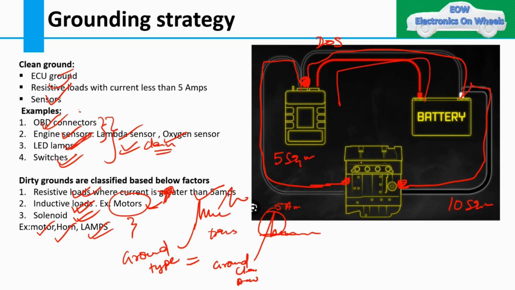So suppose there are chances that this particular wire has failed. But I want the grounding circuit, I want to get the return path. So what will it take? Suppose it will not take from here, but it will take from this particular one. So what happens? Suppose you have designed this particular wire for 20 amps.